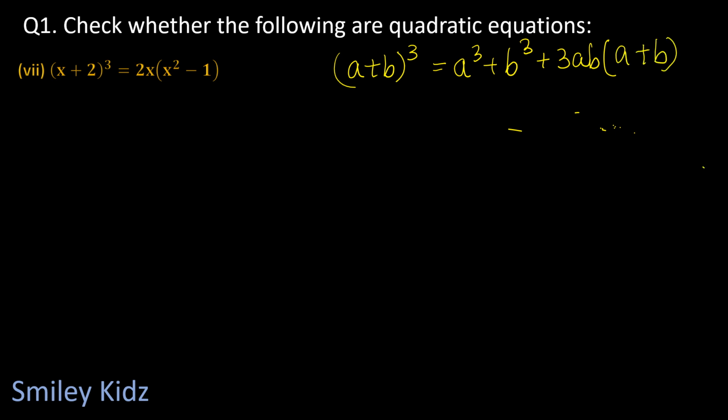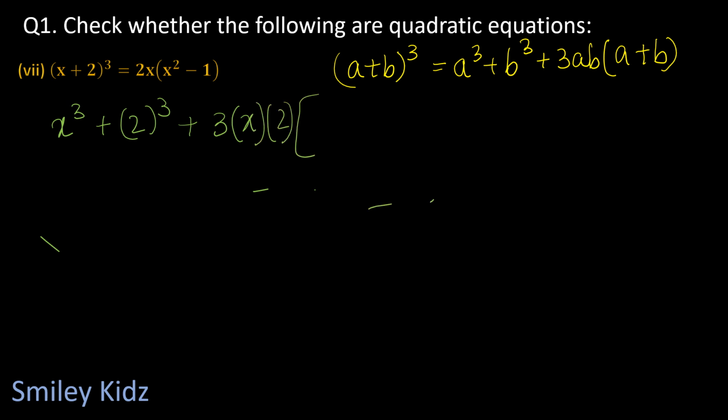Isn't it? This is the formula of a plus b whole cube. Now simplify this. You will get x cube plus 2 cube plus 3 into x into 2 into x plus 2. Isn't it? This is what we get on simplification of LHS.